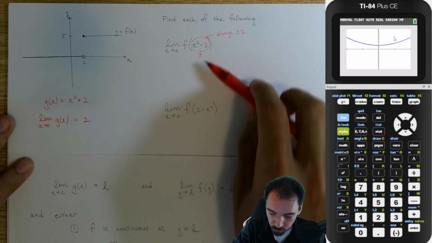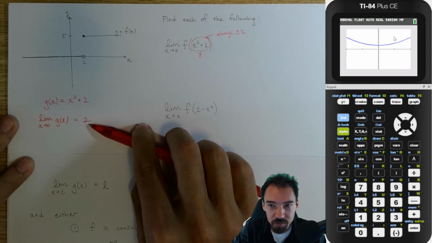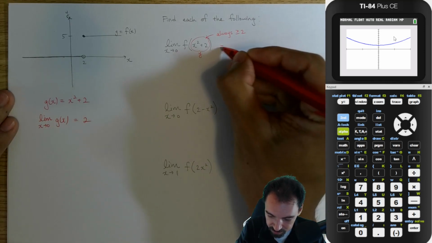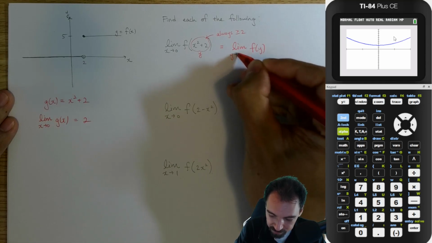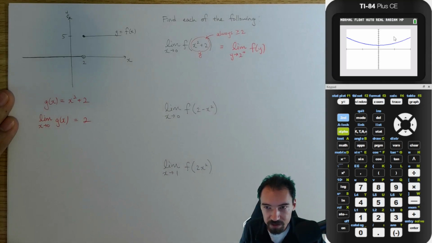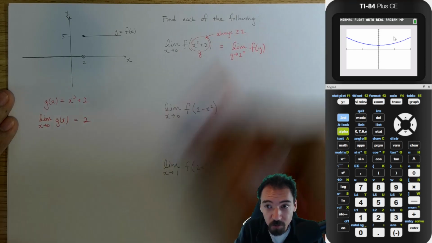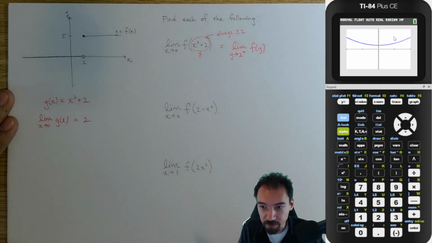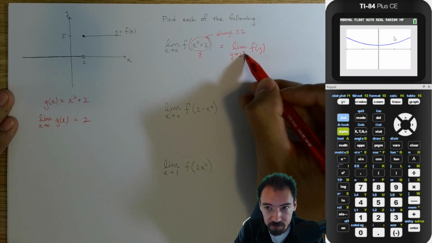So as y approaches the number 2, we're not actually approaching 2 from both directions. We're only approaching it from the right. Since this thing right here, which we're calling y, is always bigger than or equal to 2, as x approaches 0 on that graph I have shown on the calculator, this y is approaching 2 from the right.